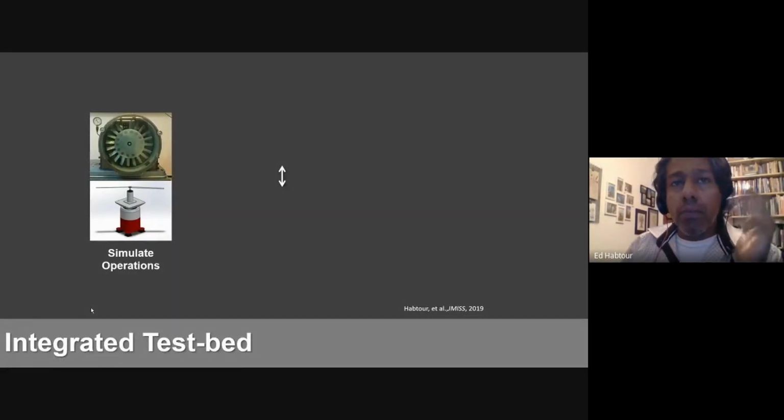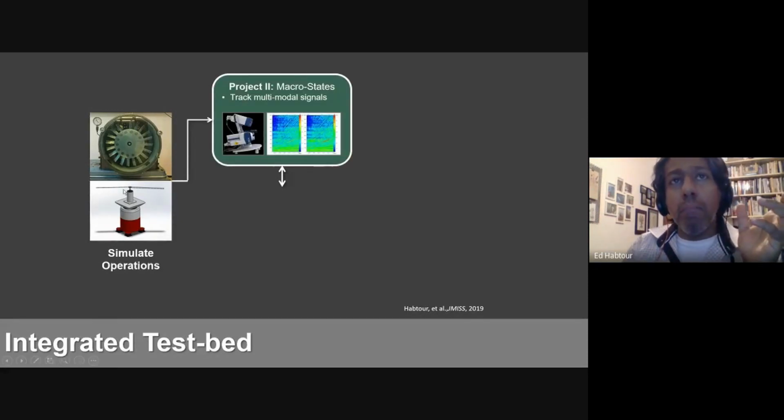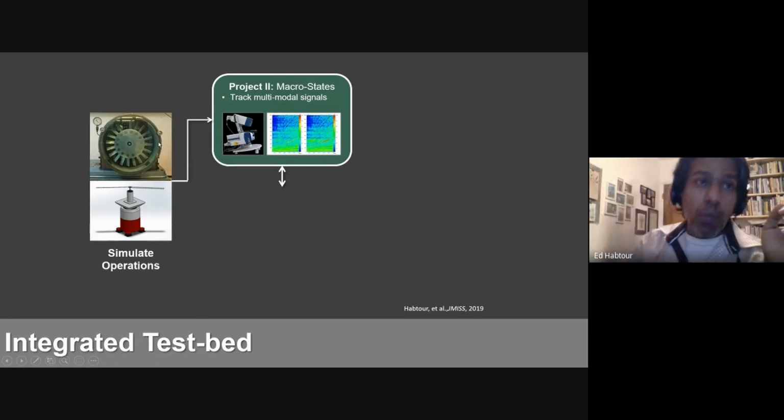Testing can get even more sophisticated than that. You can monitor the material at the macro scale with a laser vibrometer while it's fatiguing, either in rotation in an engine or in a simulated helicopter blade on top of a shaker. So you're simulating the rotation as well as the axial loading.